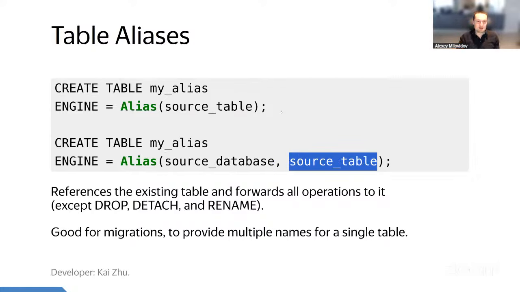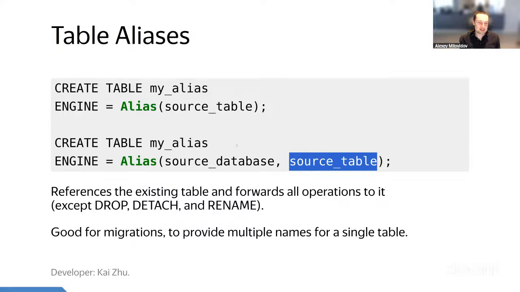This new table will just reference the existing table. You can do any operations like insertions, selects, alters. Only if you do drop or detach or rename, it will just rename the alias, not the source table. All other operations will be just forwarded, proxied to the original table.